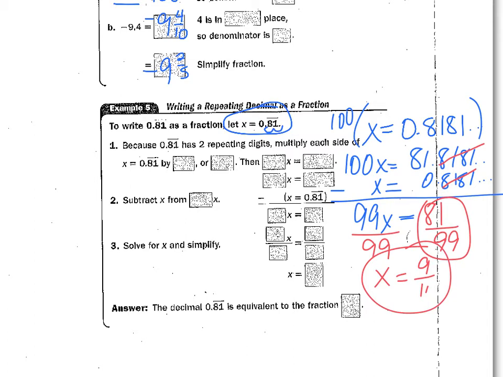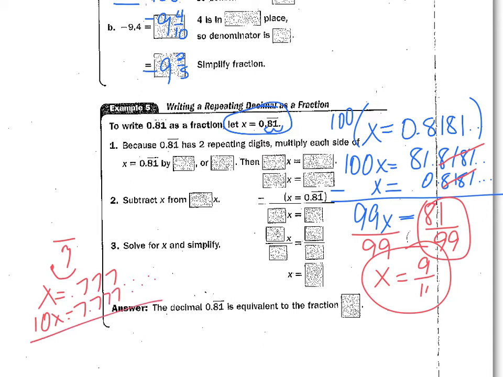So if you had something like 0.7 repeating, you would let x equal 0.7777 dot dot dot. Since you want it to move over one place, you'd multiply by 10. You'd have 10x equals 7.777.